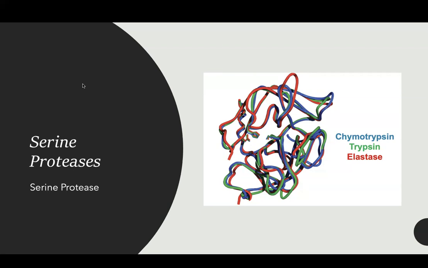There are 3 different serine proteases: chymotrypsin, trypsin, and elastase, which actually have a very different amino acid sequence, but are structurally very similar, which is pretty interesting, but it shows that they carry out the same type of function.